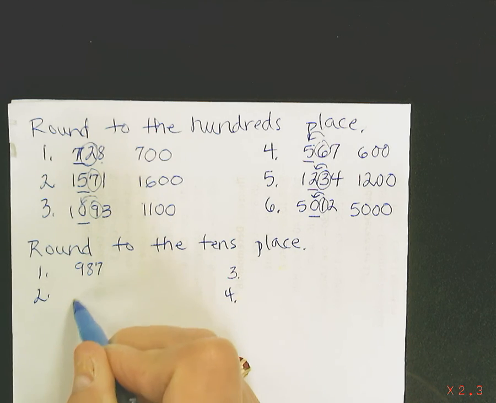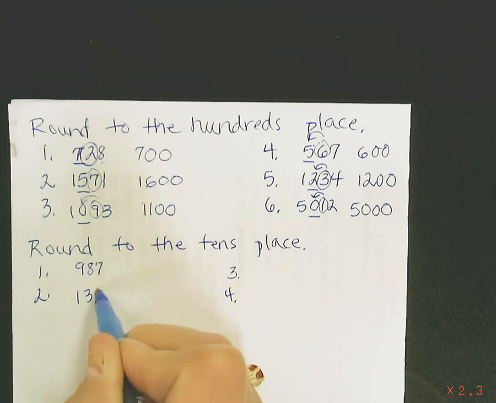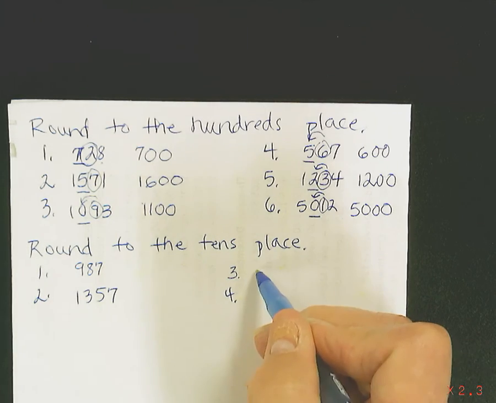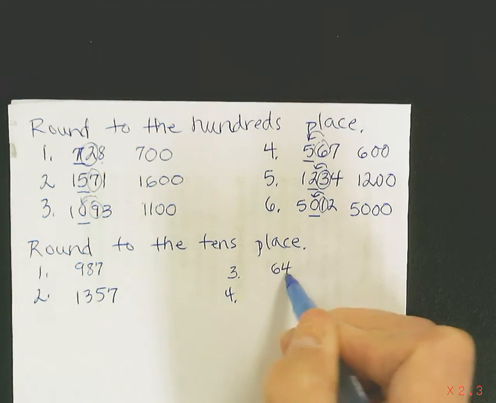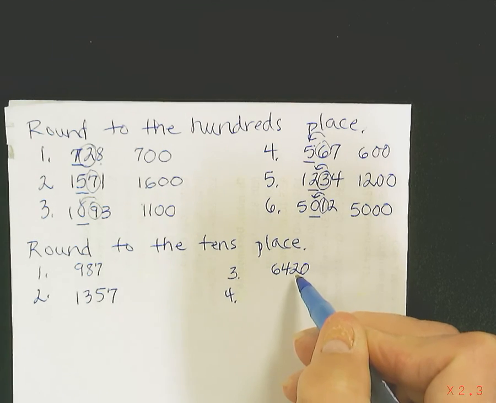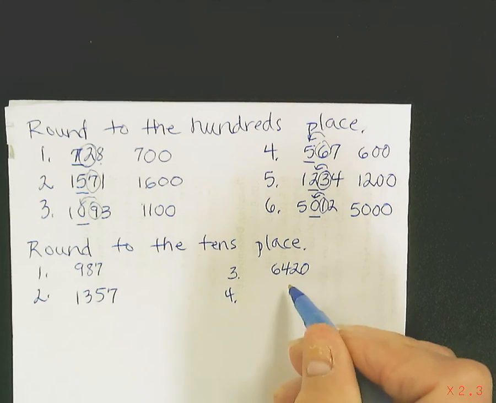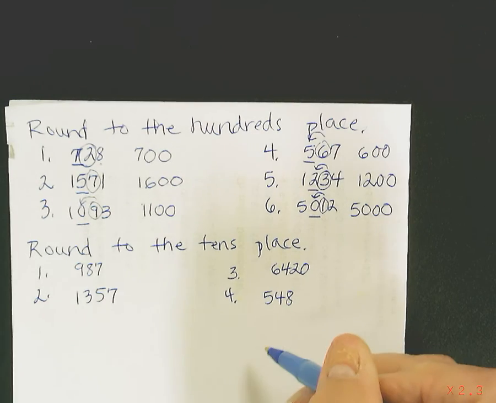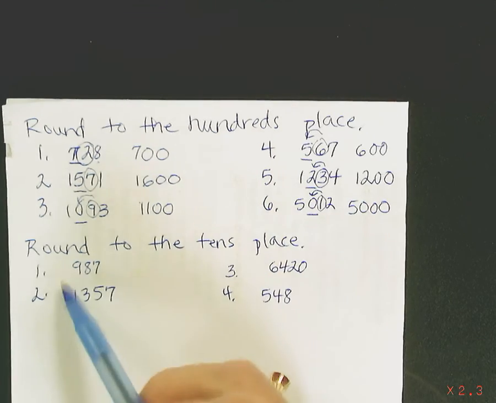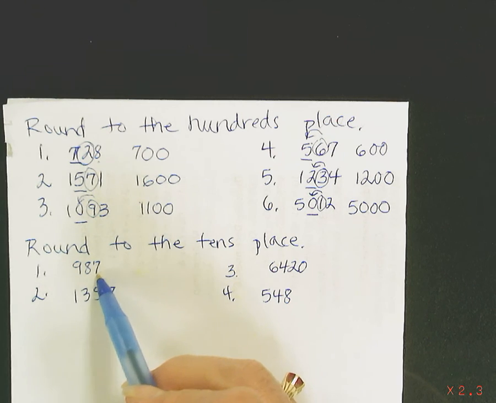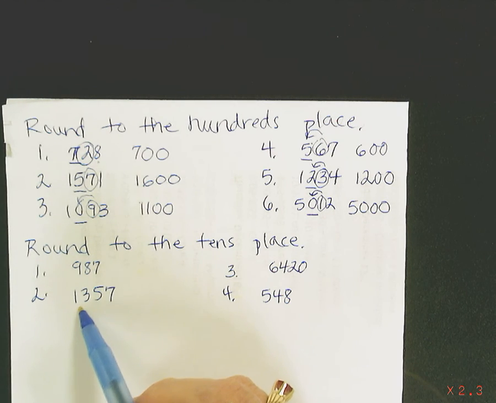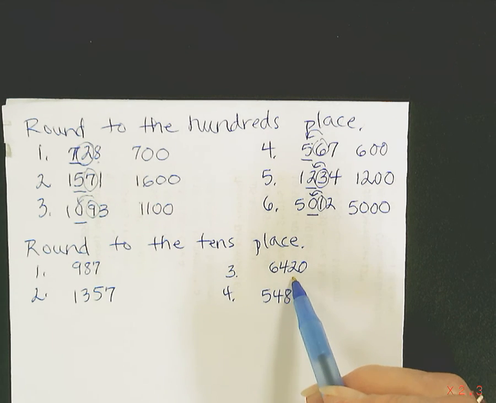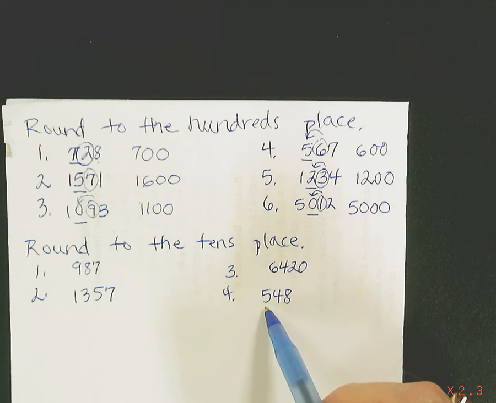Number 2, 1,357. Number 3, 6,420. Number 4, 548. So make sure you've got the numbers written down correctly. Number 1 is 987. Number 2, 1357. Number 3, 6420. And number 4, 548.